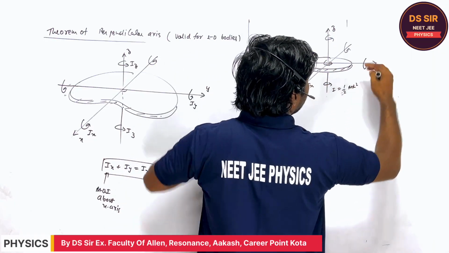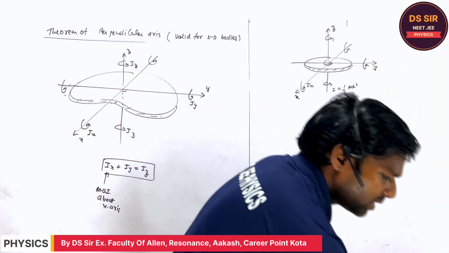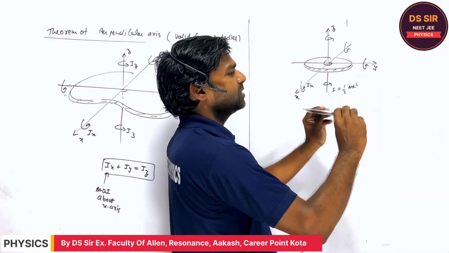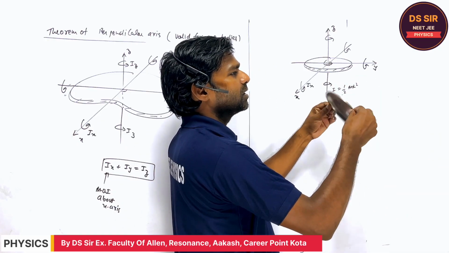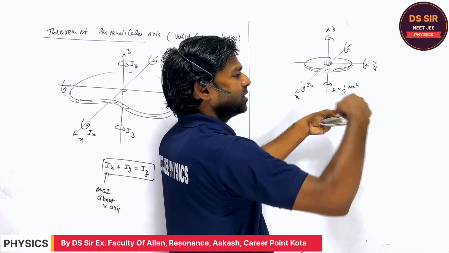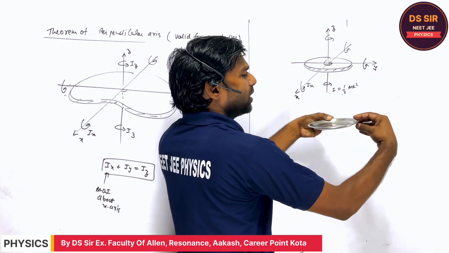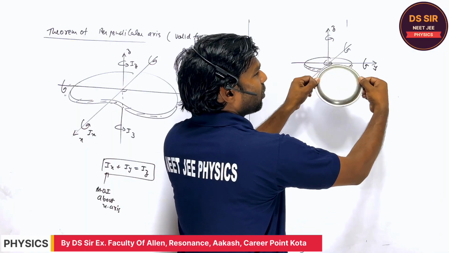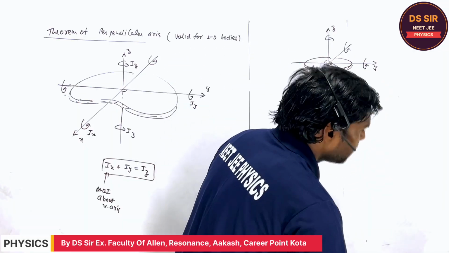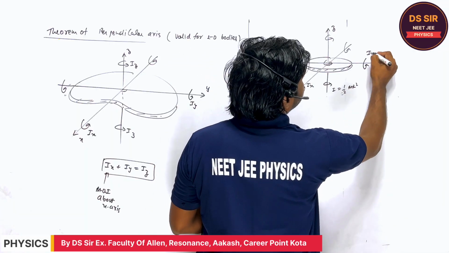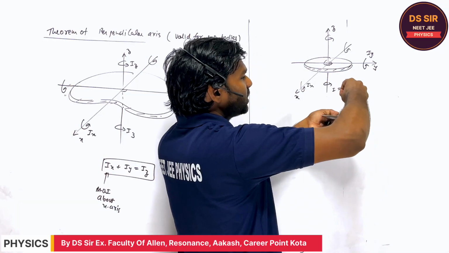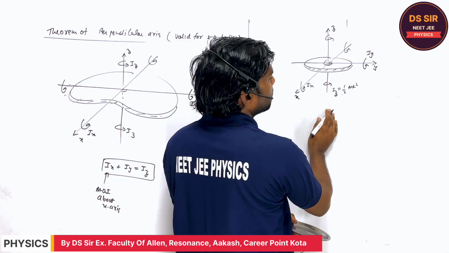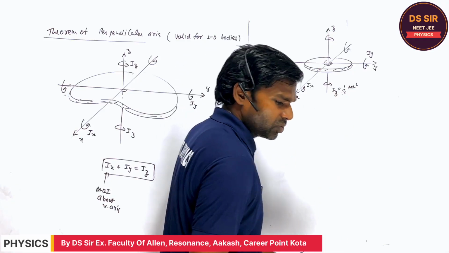If this is the disk and this is the x-axis, you are rotating like this. Now, if you choose a perpendicular axis, the moment of inertia about this axis will be Iy. And about this axis, Iz, we know Iz. Do you know Iz? Yes, it is half mr square.